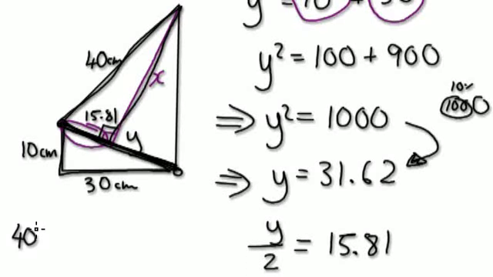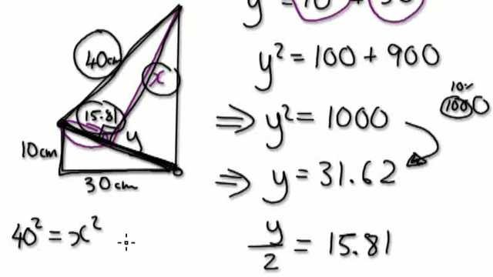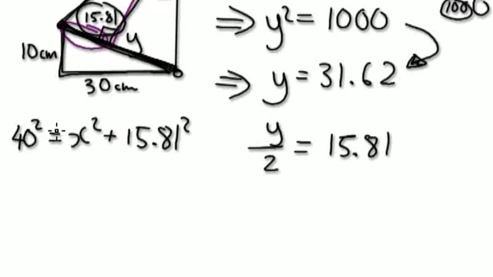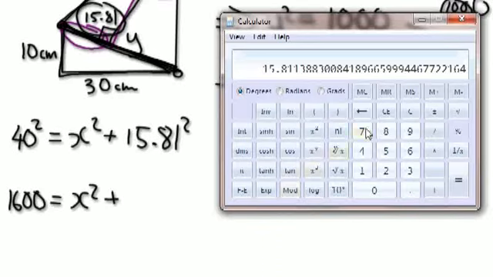So it will be 40 squared equals x squared plus 15.81 squared. Remember, this is the longest side, so it has to be on its own. Now it's just a matter of solving for x. So this would be 1600 equals x squared plus 15.81 squared. Let's square this.